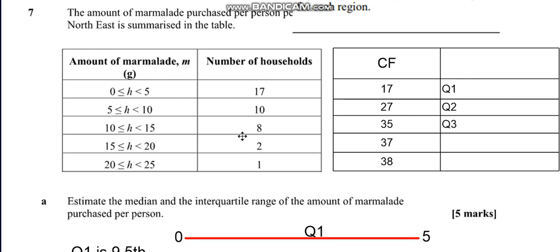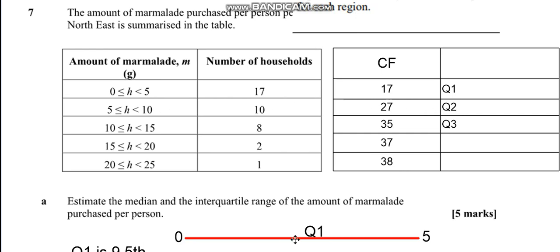If I want to find the median, the median is halfway through, so that's 38 divided by 2, 19. So I'm looking for the 19th piece of data. Well, the first 17 are here, and then it goes up to 27. So the 19th piece of data must be in this group here, 5 to 10.